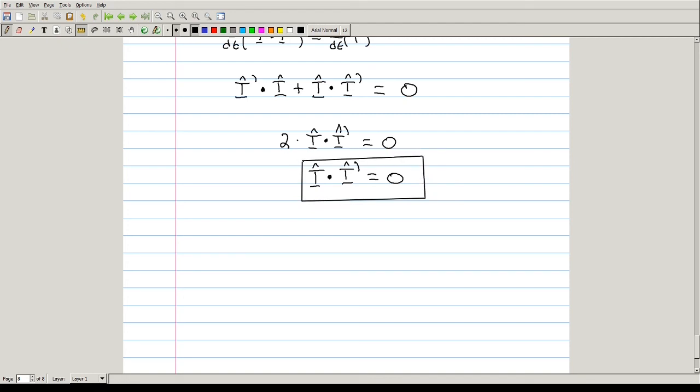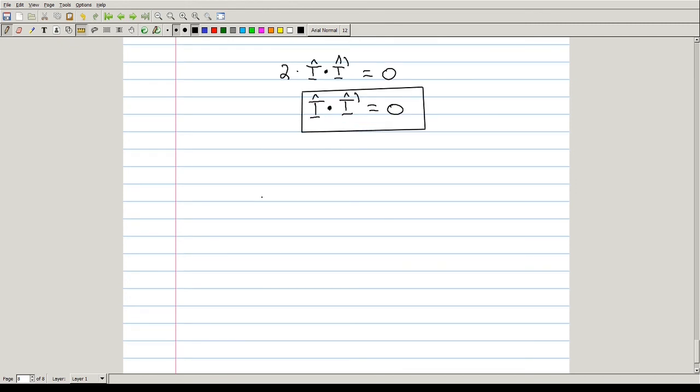So we've just kind of stumbled upon this new vector t hat prime, or the rate of change of the unit tangent vector with respect to the parameter t, and we've shown that it's actually perpendicular to the tangent vector itself. So t hat is perpendicular to its derivative, t hat prime.